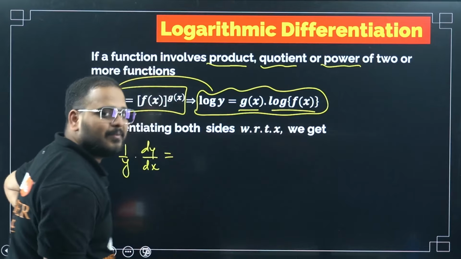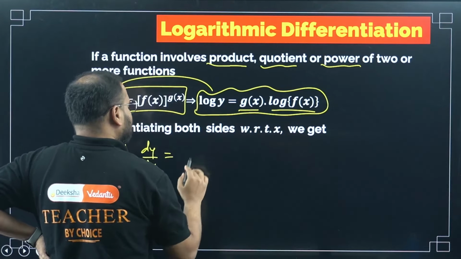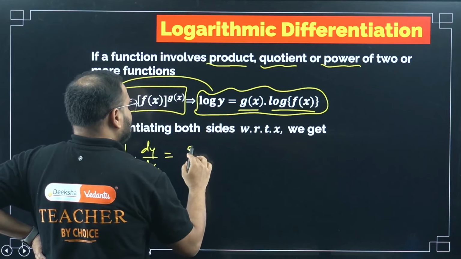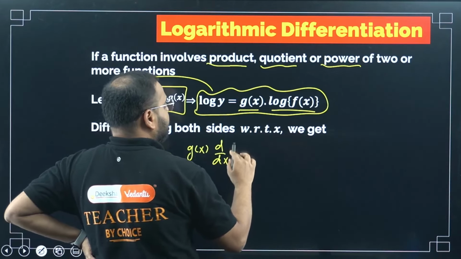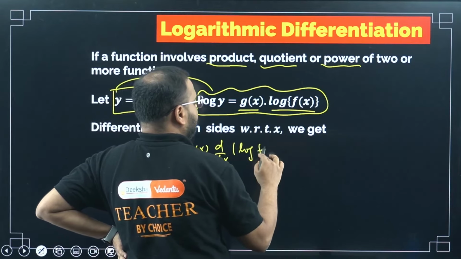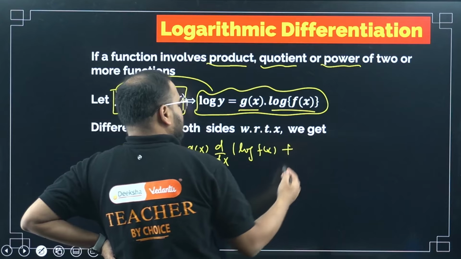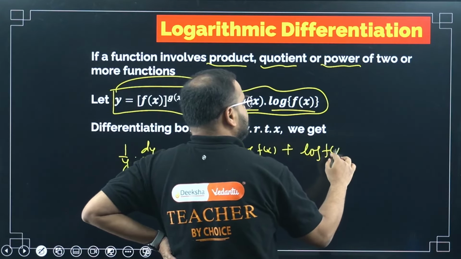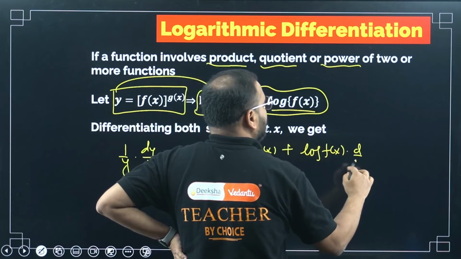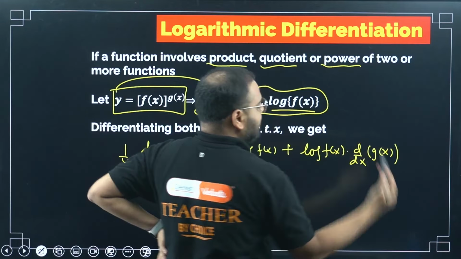Product rule has to be applied, right? I'll keep g(x) as it is and do differentiation of log of f(x). Plus, keep log f(x) as it is, and do differentiation of g(x). Correct?